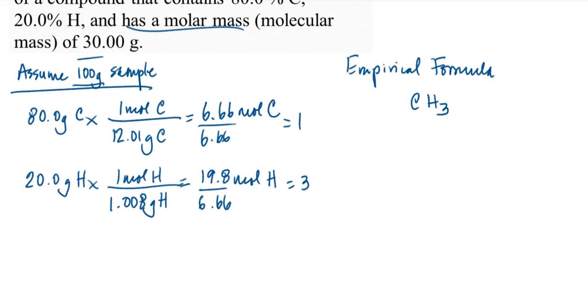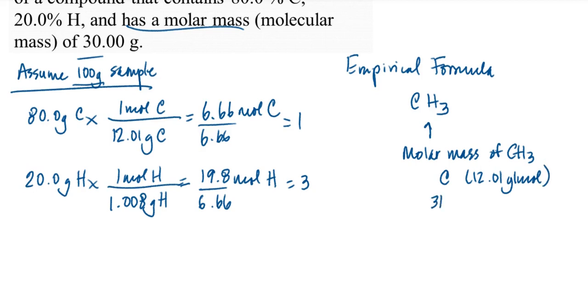And so what I'm going to do is I'm going to find the molar mass of CH3. So that's 1 carbon, that's 12.01 grams per mole, 3 hydrogens, so that's 3 times 1.008 grams per mole. And if I add that up, what I'm going to get is something close to 15 grams per mole. It ends up being 15.02 grams per mole.